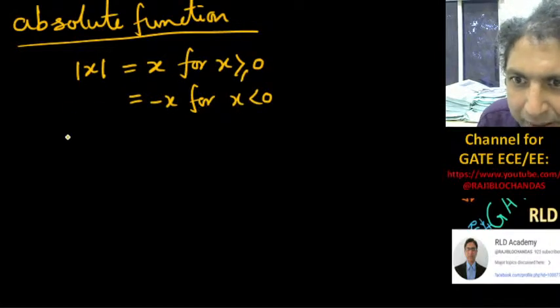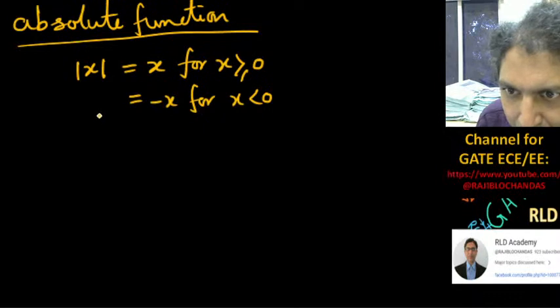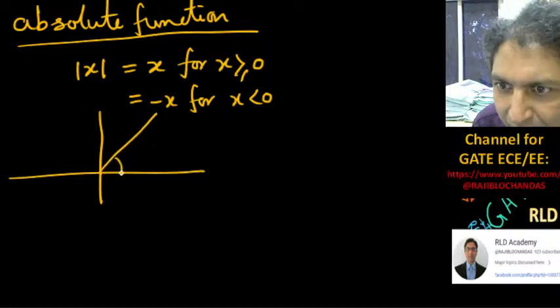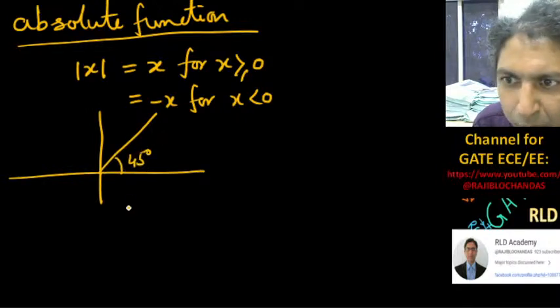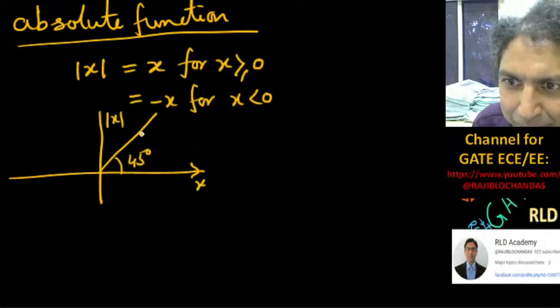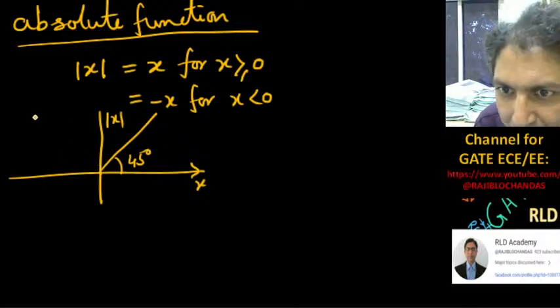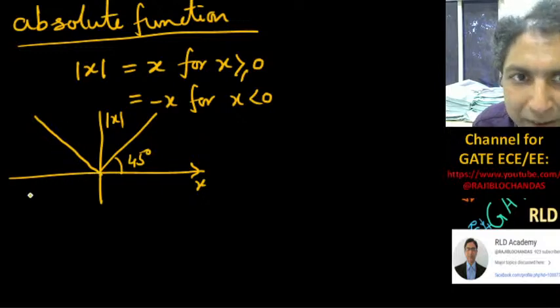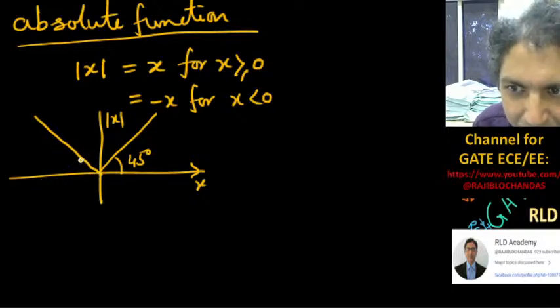What is the meaning? Graphically we can understand better. The right side is the positive axis, at 45 degrees, y equal to x. This is your x, this is your mod x. So the positive side is again the same, y equal to x, but on the left-hand side it is again positive, y equal to minus x, again at 45 degrees.